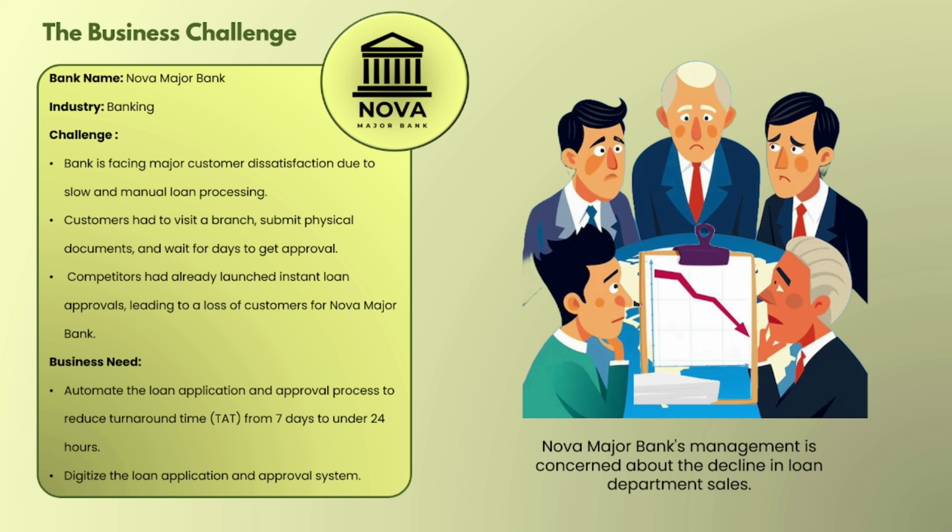In the picture also you can see that Noah Major Bank management is concerned about the decline in loan department sales. So the business analyst will connect with each and every stakeholder involved in this process to understand the need, gather all relevant information and document it as a requirement. In upcoming sessions we will see how different types of requirements are documented on the basis of needs collected by the business analyst.